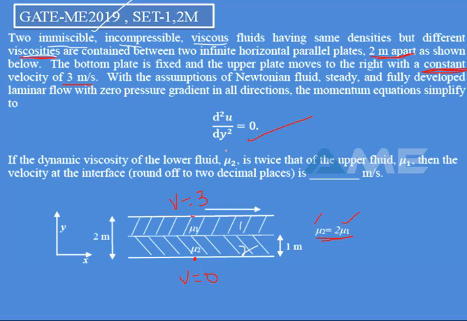If the dynamic viscosity of the lower fluid, mu2, is twice that of the upper fluid, mu1, which we already saw in the figure, then find the velocity at the interface.